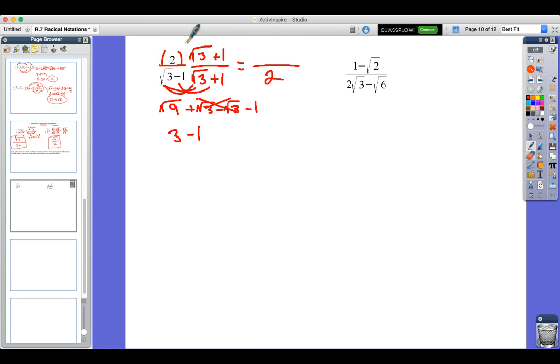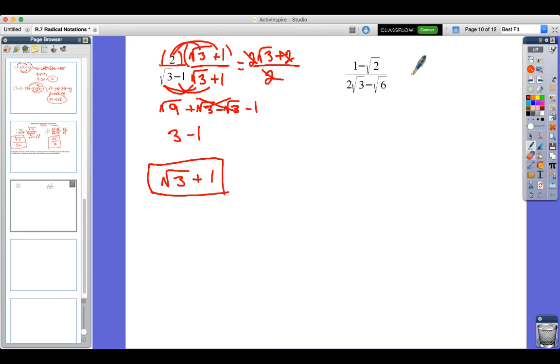It's 2 times this, so 2 times radical 3 is 2 radical 3, and then 2 times a positive 1 is positive 2. So we would think that's done, but check this out. Because all 3 terms right here, the 2 terms on top and the 1 on the bottom, all have 2, we can reduce everything by 2, leaving us just the denominator, a radical 3 plus 1 over 1, or just radical 3 plus 1.